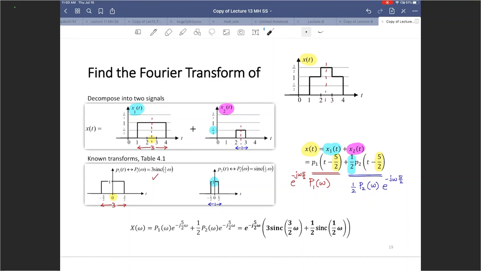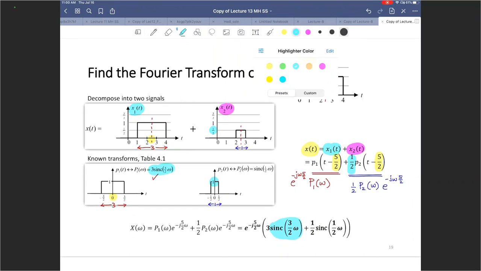Those two terms are written individually here. And because we have chosen things symmetric about the same point, which is 2.5, we were able to pull out that common phase factor, e^(-j5ω/2), and we are left with a real quantity inside. 3 sinc(3ω/2) from the known pairs, right? That is right here. And this one is right here.